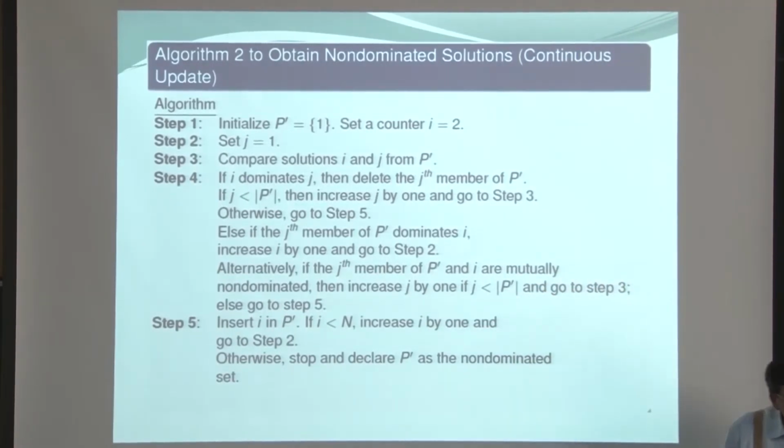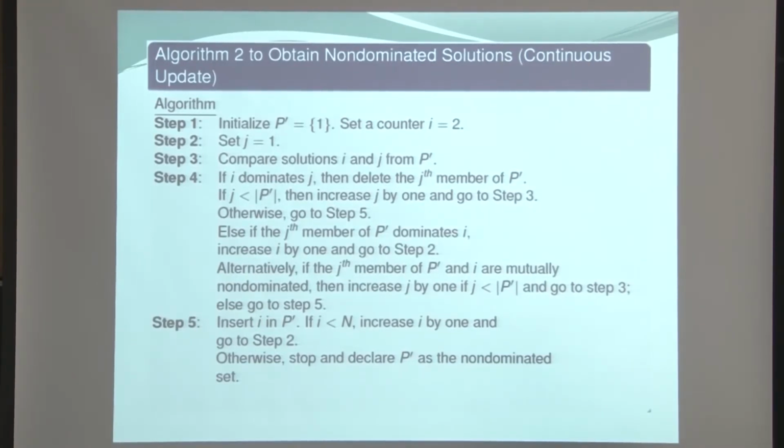So who is going to be compared? The solution I is 2, solution 2 with respect to solution J from P prime. J is 1 from P prime, so it's the first solution in this set, solution 1. So we know I does not dominate solution J, right?